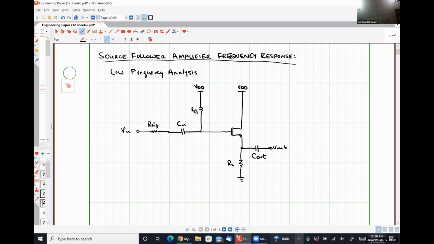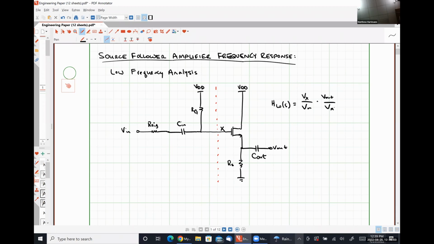Okay. So what I'm going to do for this analysis is subdivide the circuit effectively into two stages. I'm just going to call this node X so that our transfer function H low of S will be Vx over Vn multiplied by V out over Vx.